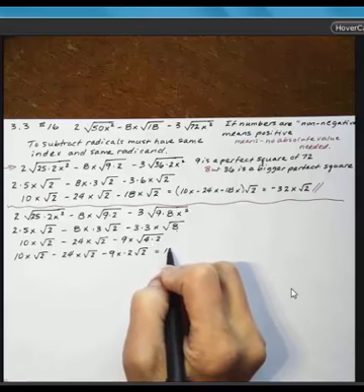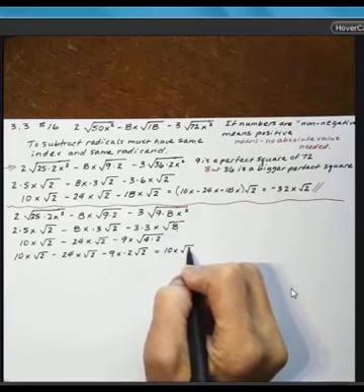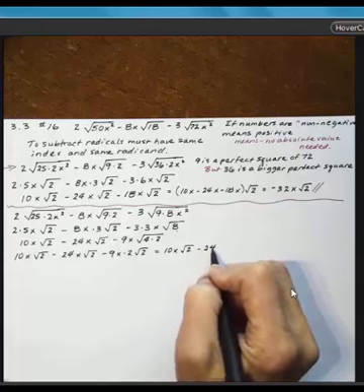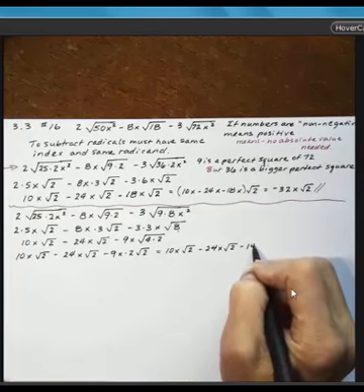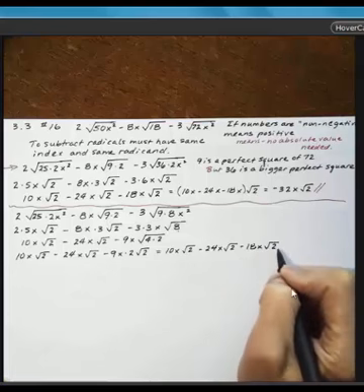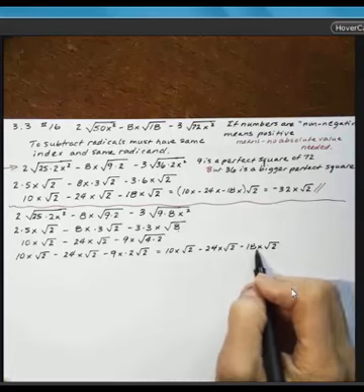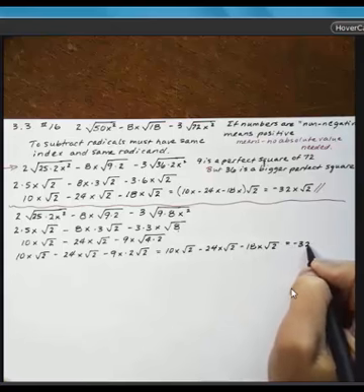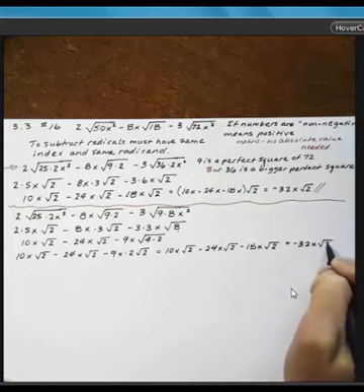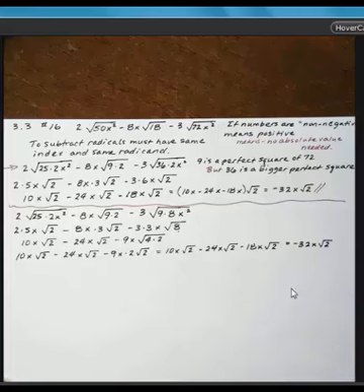So we have 10x square roots of 2 minus 24x square roots of 2 minus 18x square roots of 2. And again, when we add all those up, what do we end up with? Negative 32x square root of 2. Same answer. Whew, good thing.